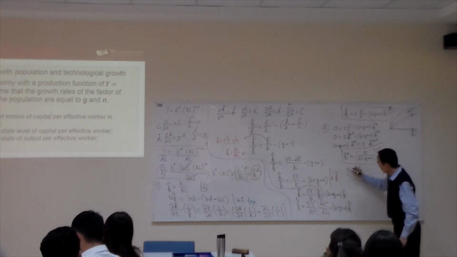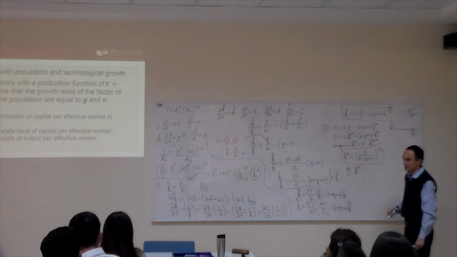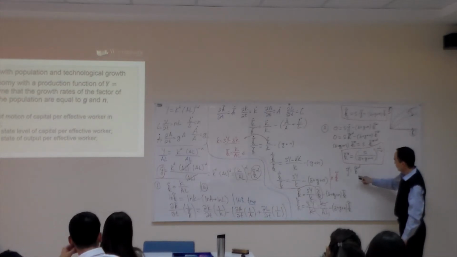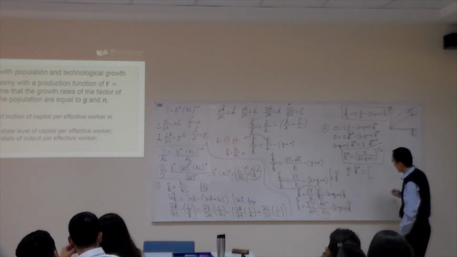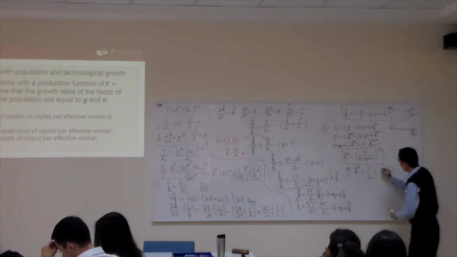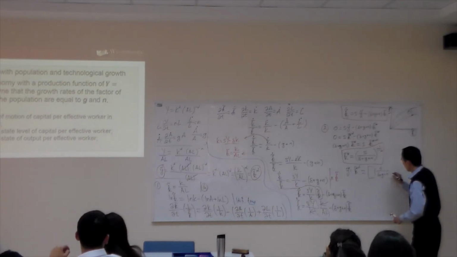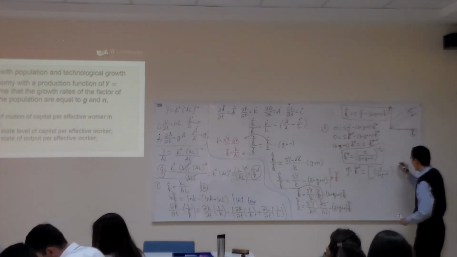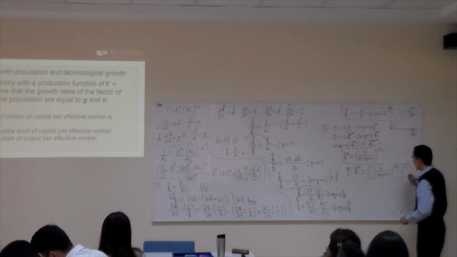So it is going to reach the steady state level if capital per effective labor reaches the steady state level, which we already found: saving rate over delta plus g plus n, to the power of 1 over 1 minus alpha, all to the power of alpha.